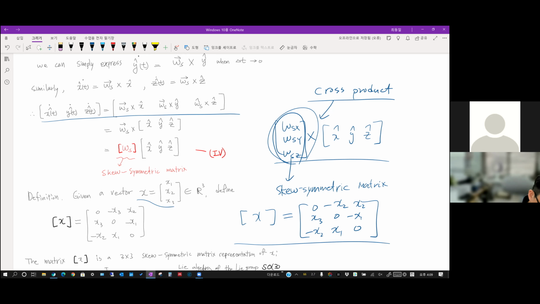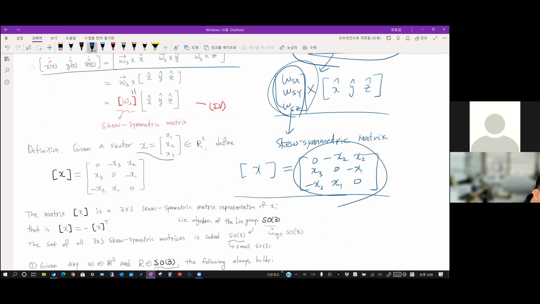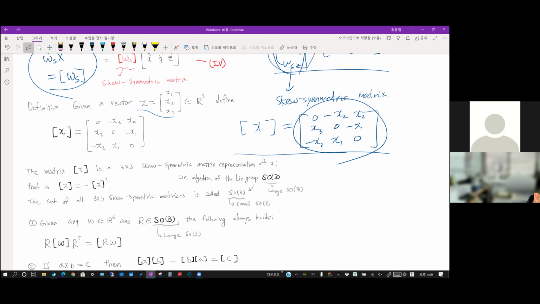So when we use this matrix form, we can calculate this cross product very easily. So this is the same expression. So omega s cross is the same expression as bracket omega s. So the matrix bracket x is the 3 by 3 skew symmetric matrix representation of the x vector.